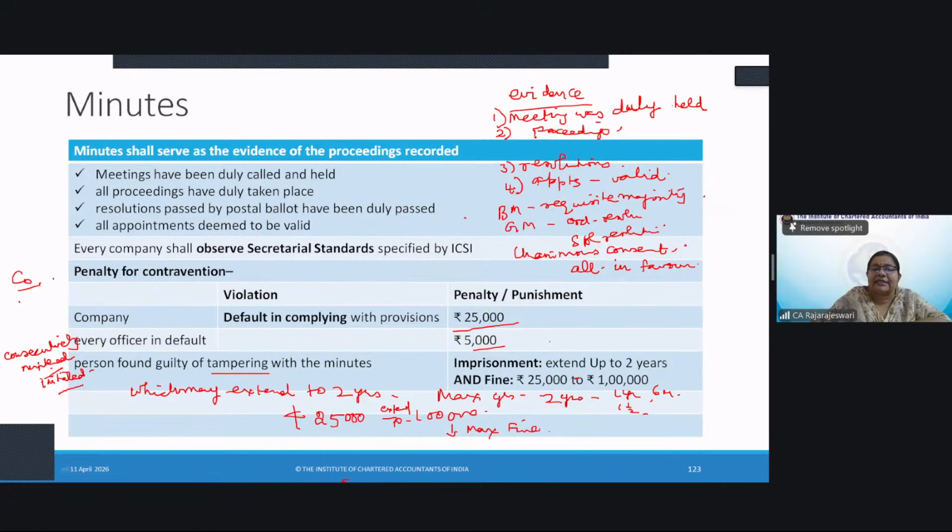Once it is initialed, suppose a person wants to change it, then the initial will not be there, right? So we should check whether every page is initialed and the last page is signed with the place, date, and full signature. Every page initial will be there in the space provided.